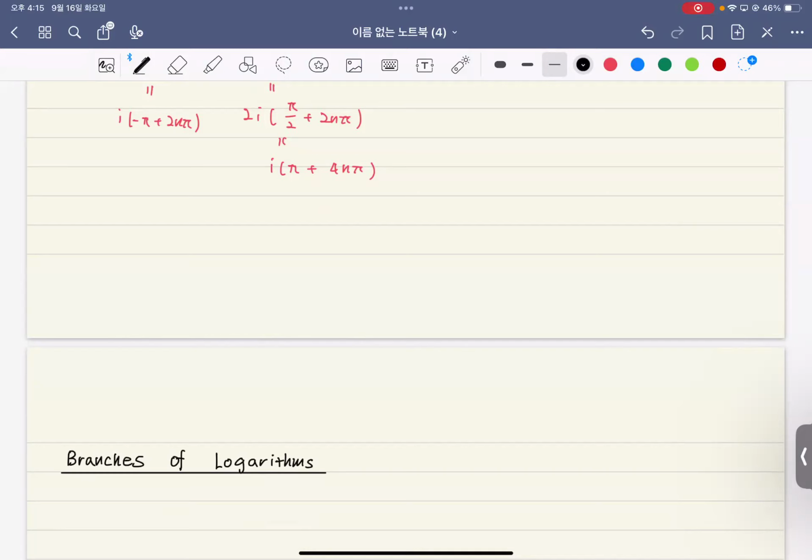The point is, if you do not want to deal with a multi-valued function, you want to change it into a single-valued function, but that is not always possible. If you persist in using the domain of the log function as C minus the origin, then you can never have such a nice single-valued function. So in order to get a single-valued function, you need to restrict the domain of the log function. That is the idea of the branch of the logarithms.